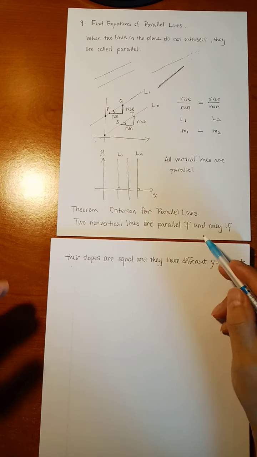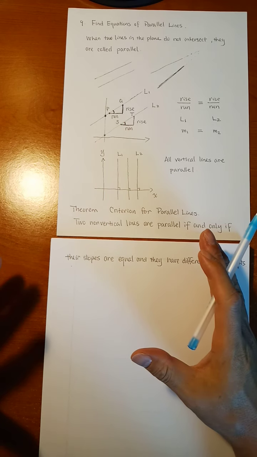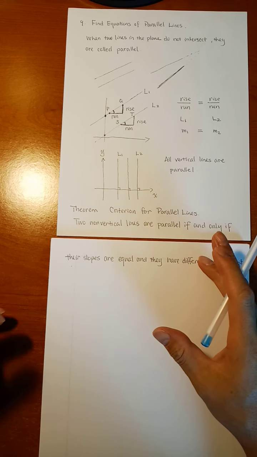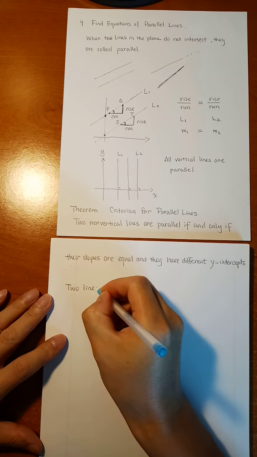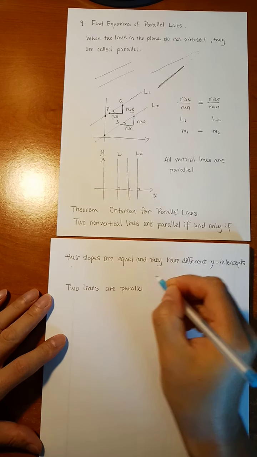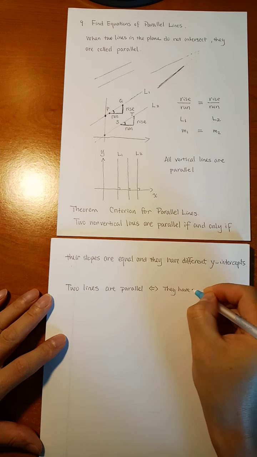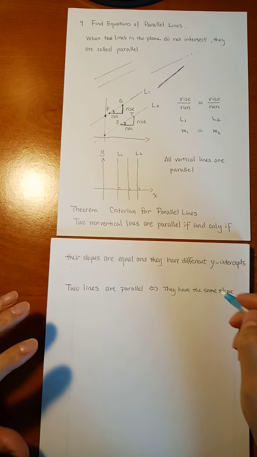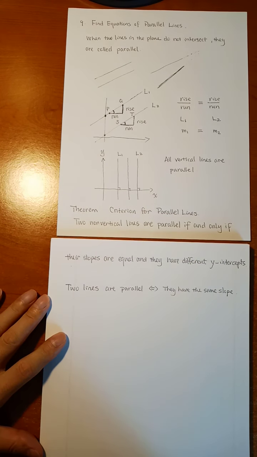Okay, so usually when we say what is the condition for two lines to be parallel, we will say, if they have the same slope, then they are parallel. Two lines are parallel if and only if they have the same slope. Here we actually skip some important words, but that is something we keep in mind.